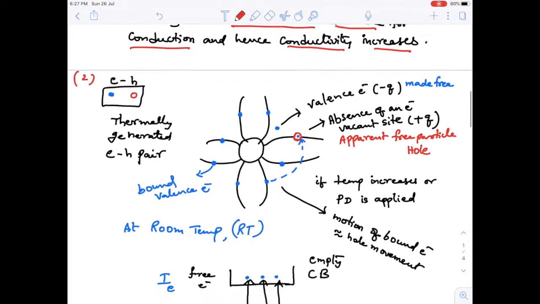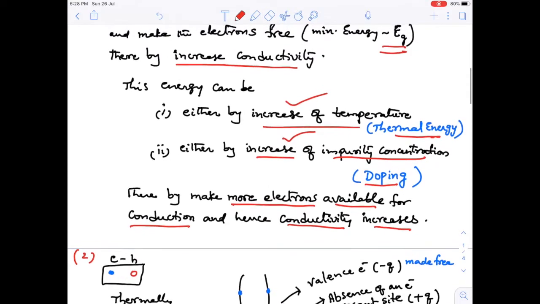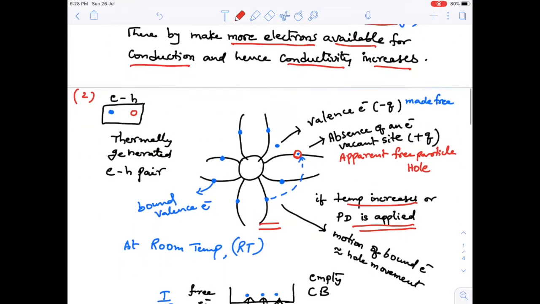Now let us see what happens. Now let us look at this diagram. So if the temperature is increased or a potential difference is applied, a small voltage is applied, then the electrons acquire this minimum energy. Then what will happen?